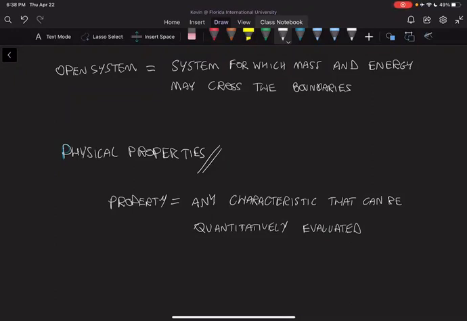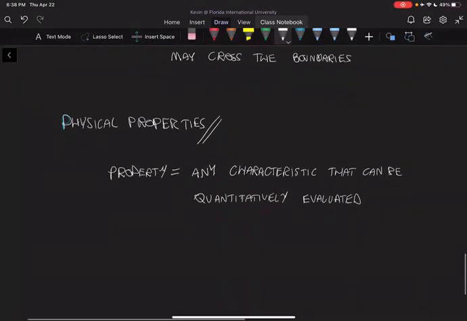You can pause the video here, or you can keep going with the video, but try to think of some that you would think would be important for this course, and some examples of properties. So now I'll give you some of the examples that I was thinking about. So viscosity would be one, for example. It's not used much in this course, but it's still something that's important. Pressure, this can be used a lot in this course.